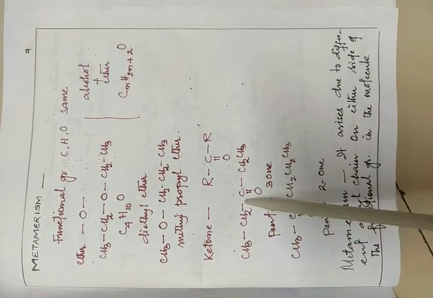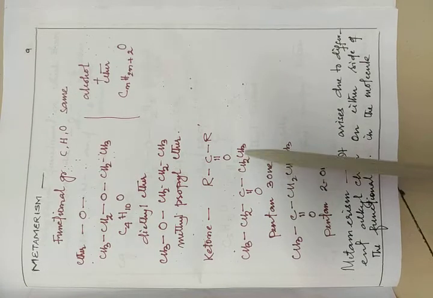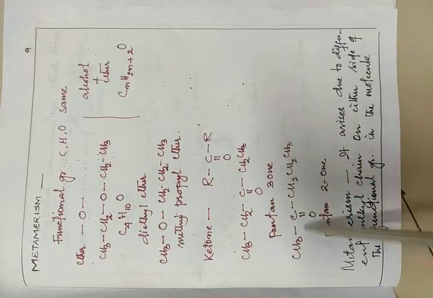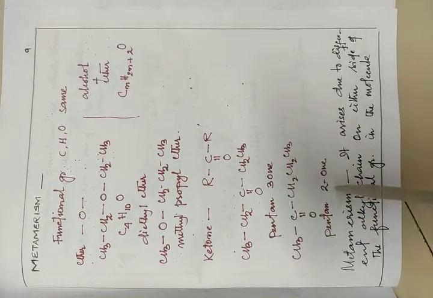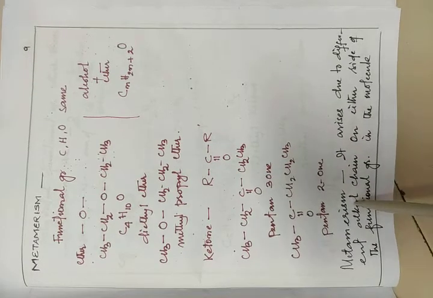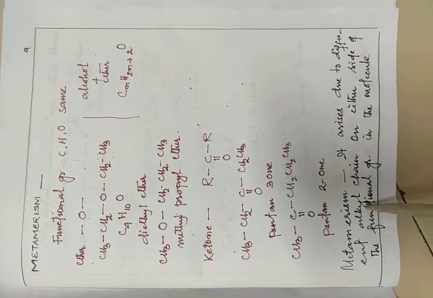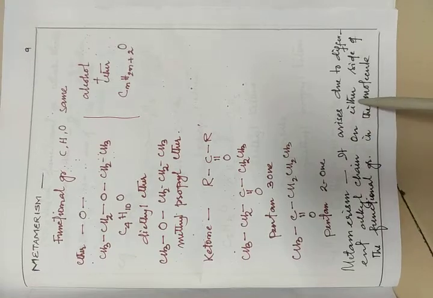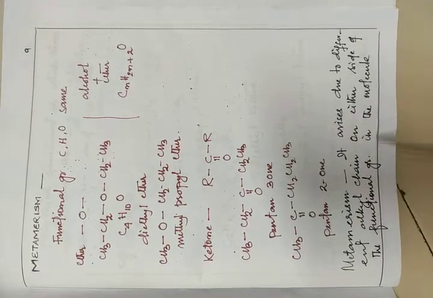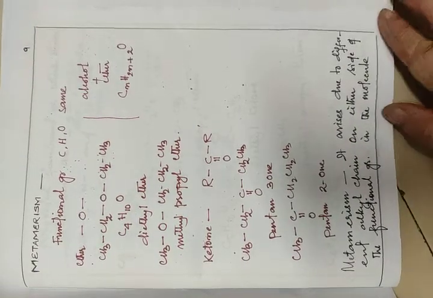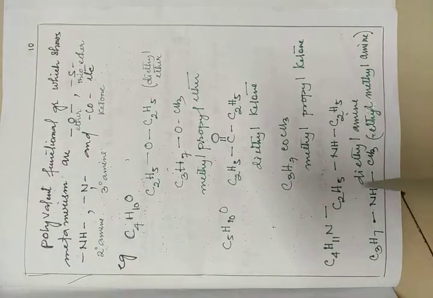So 1 2 3, then 4 5. So like that we can give another one, is also same as pentan-2-one. So this metamerism arises due to the different alkyl chain on either side of the functional group in the molecules.